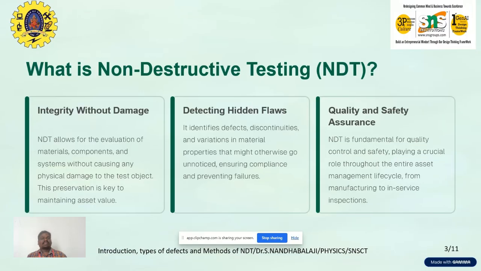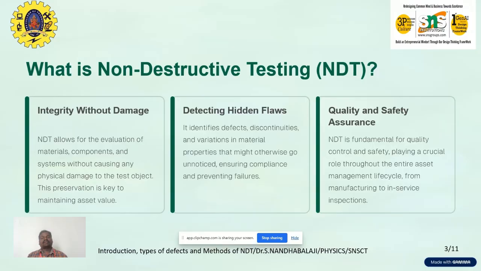Integrity without damage: NDT allows for the evaluation of materials, components, and systems without causing any physical damage to the test object. This preservation is key to maintaining asset value.